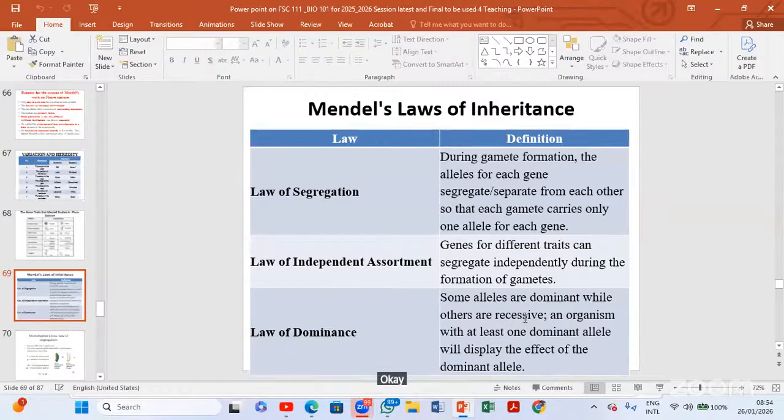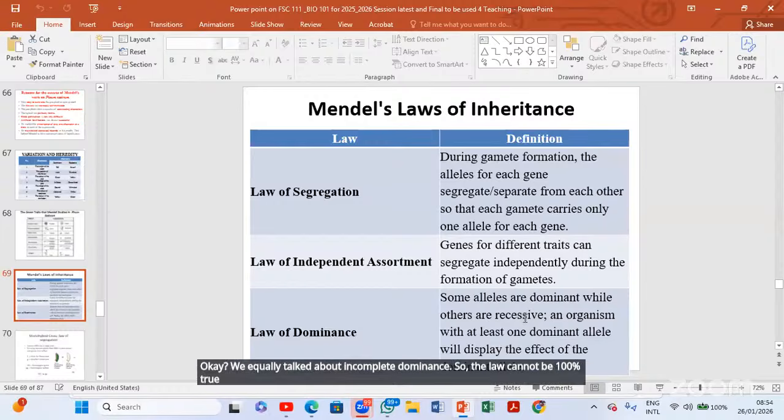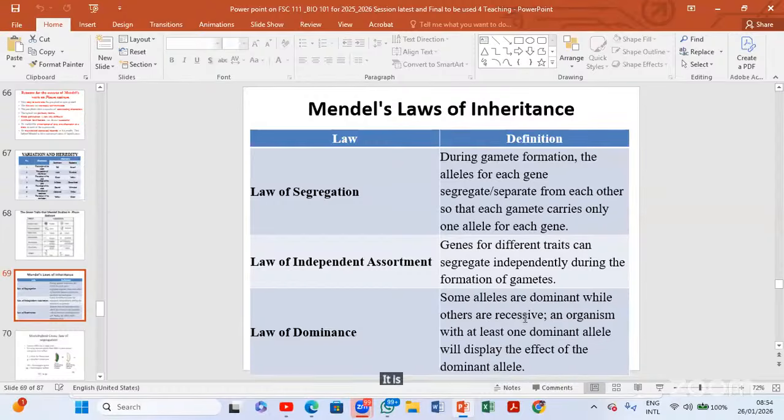We talked about codominance. You have heard that before. We equally talked about incomplete dominance. So the law cannot be 100% true, but to an extent, it is true. In the same sense that we have some alleles that are dominant and some that are recessive in a gene, according to Mendelian inheritance, in a gene an allele must be recessive, an allele must be dominant.